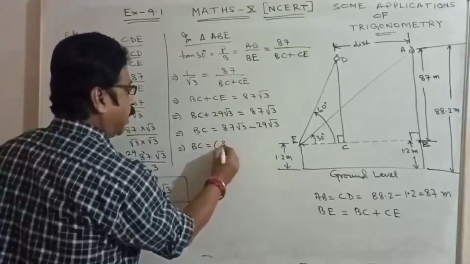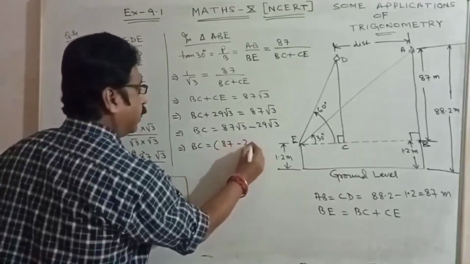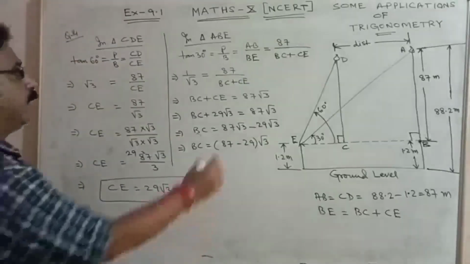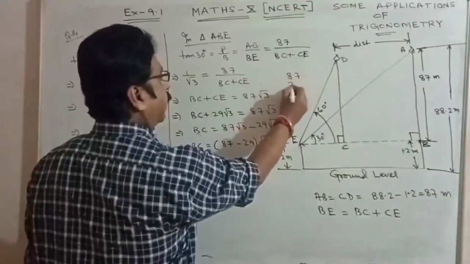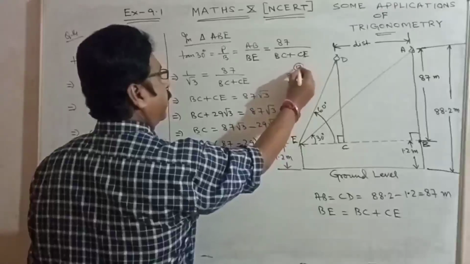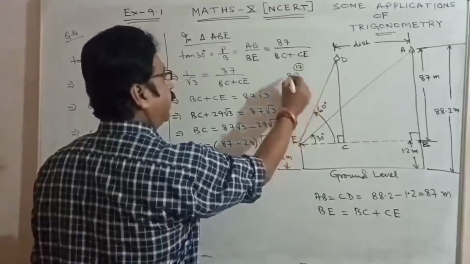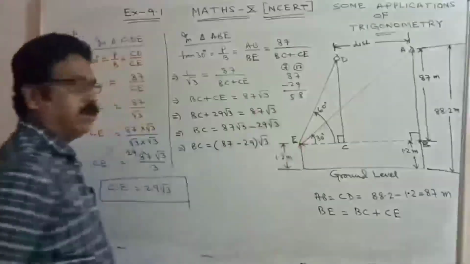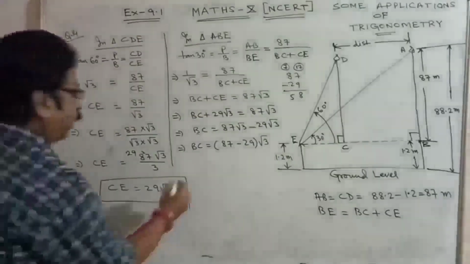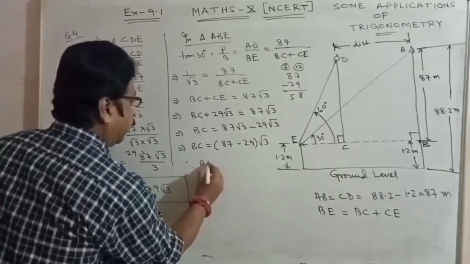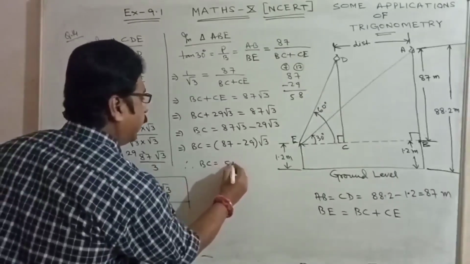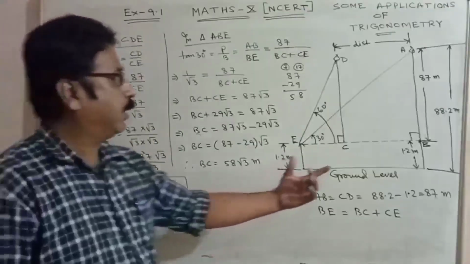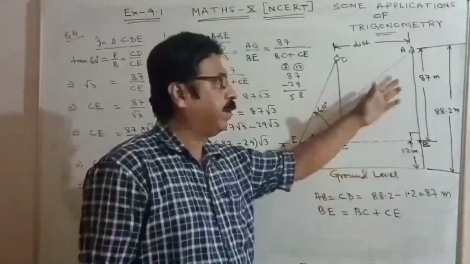Root 3 will be common: 87 minus 29. It will be 17, 17 minus 9 is 8, 8 will become 7, 7 minus 2 is 5. It will be 58. Therefore BC is 58 root 3 meter. BC means the distance travelled by the balloon we got.